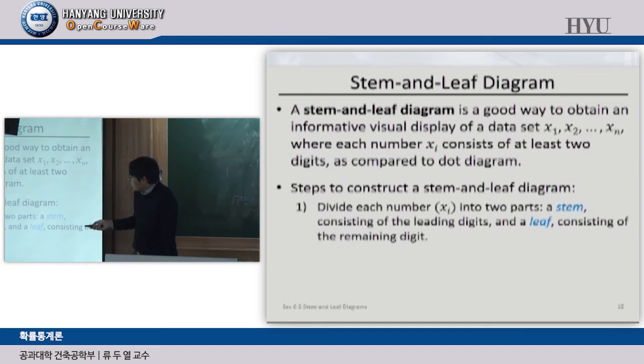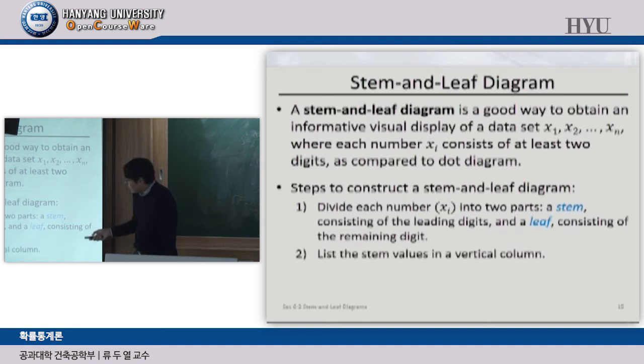Firstly, we divide each number into 2 parts: the stem part, consisting of the leading digit, and the leaf part, consisting of the remaining digit.